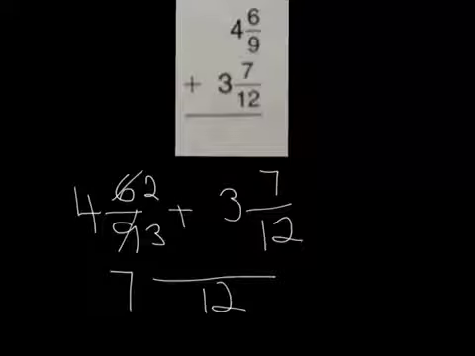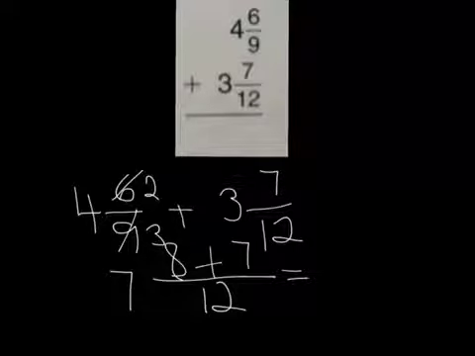I multiplied the 3 by 4 to get 12, so I must do the same to the 2. 2 times 4 is 8. I didn't do anything to this 12, so I won't do anything to this 7. And that makes it 8 plus 7.